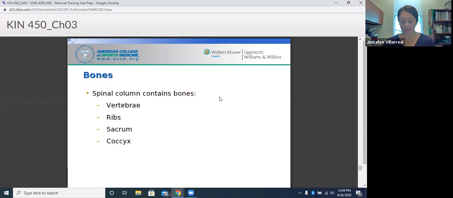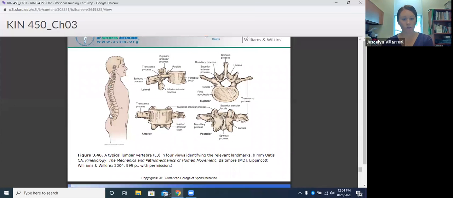The ribs attach to the 12 thoracic vertebrae and form the thoracic cage. The sacrum and coccyx are at the lower spine and they're inferior to the 5th lumbar vertebrae. So looking here, this would be that lumbar vertebrae and then coccyx and sacrum.